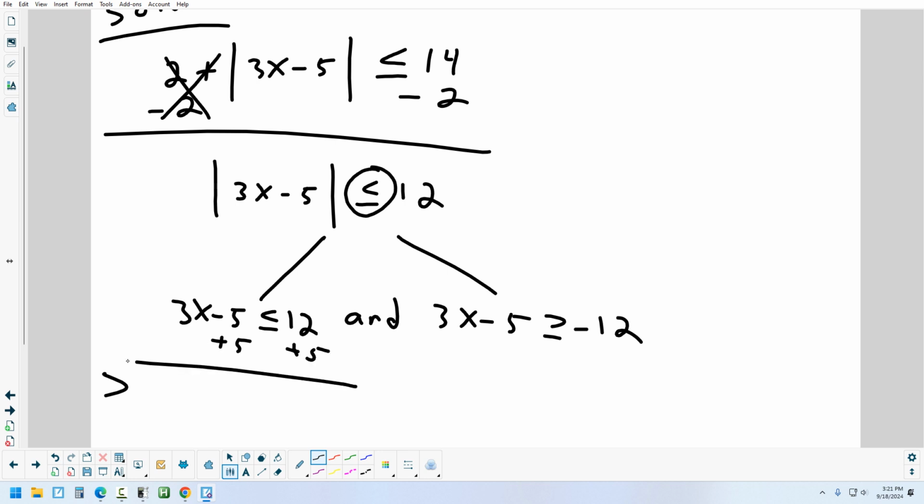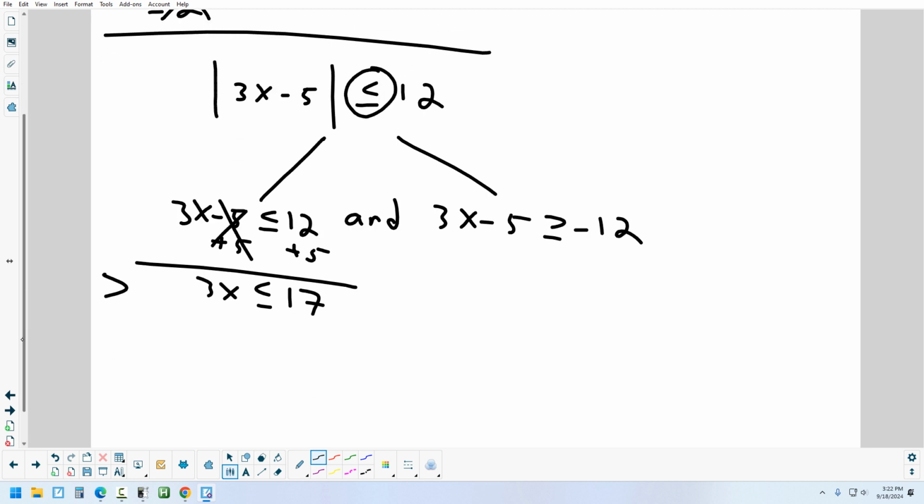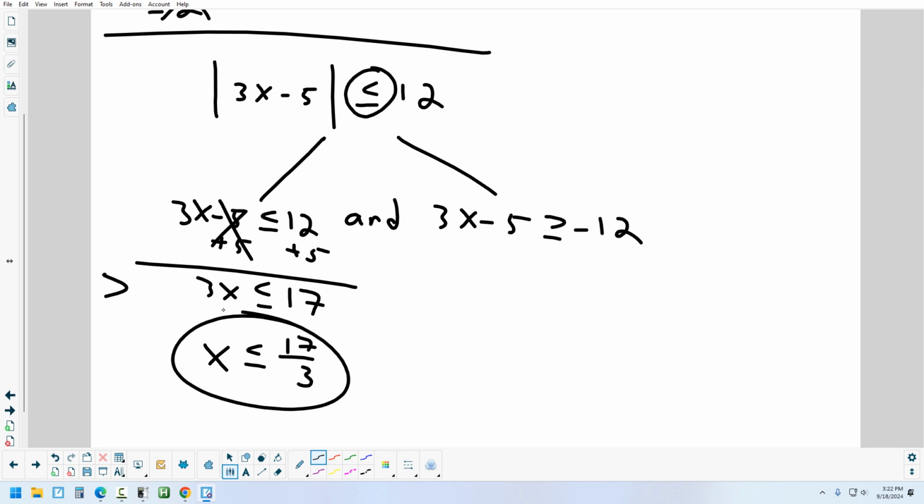Again, I told you numbers might not come out nice here. So we get 3x is less than or equal to 17, which would mean x is less than or equal to 17 over 3. So that's that one. And so I'm going to solve this one the same way.